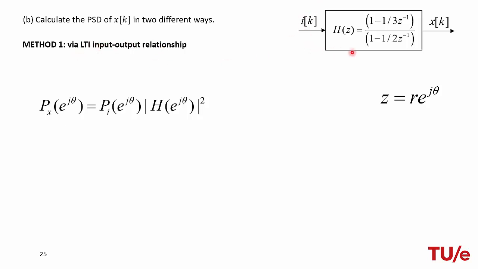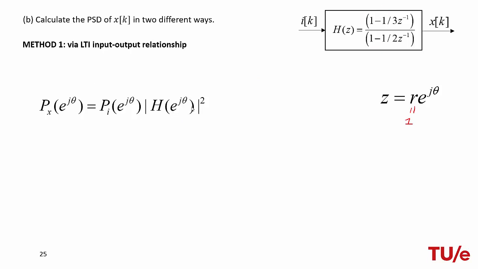We know that when we input an LTI system with a random input, we obtain a random output, and because of the relationship between the output and the input given by the system function, we know that the power spectral density at the output is given by the power spectral density at the input multiplied by the modulus squared of the frequency response of the system.